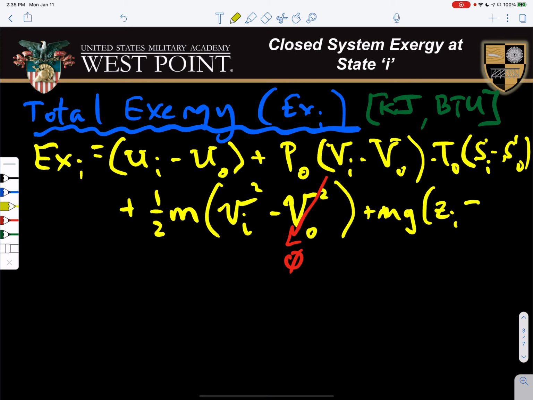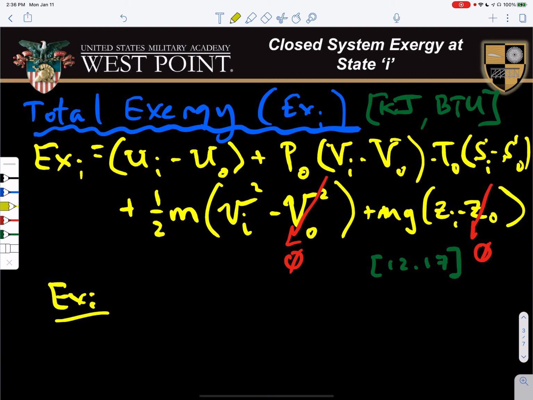And again, just as we assumed that there is no dead state velocity, let's assume there is no dead state potential energy either. That'll be the definition of our dead state. Your textbook has this, equation 12.17. Or if you want Exergy per unit mass, so the intensive property of Exergy, that corresponding equation is in 12.18.